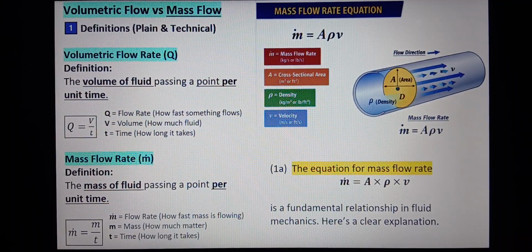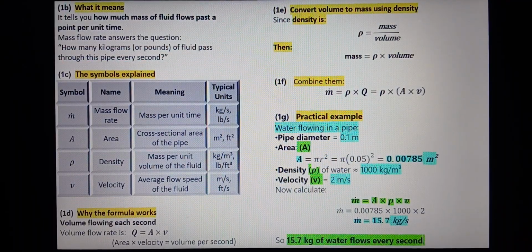Here is a clear explanation. What it means: it tells you how much mass of fluid passes a point per unit time. Mass flow rate answers the question, how many kilograms or pounds of fluid pass through this pipe every second? The symbols explained. M with a dot is mass flow rate, and it means mass per unit time, measured in kilograms per second or pounds per second.